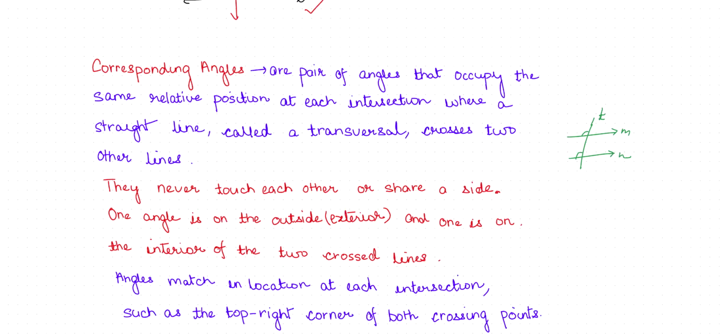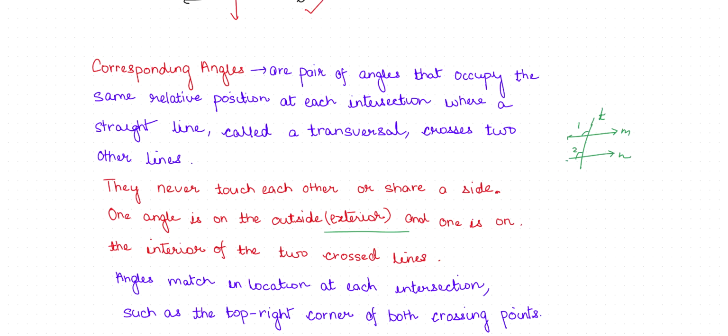Corresponding angles like this 1 and 2, they will never touch each other or share a side. And one is on the outside and one is on the interior of the two crossed lines.